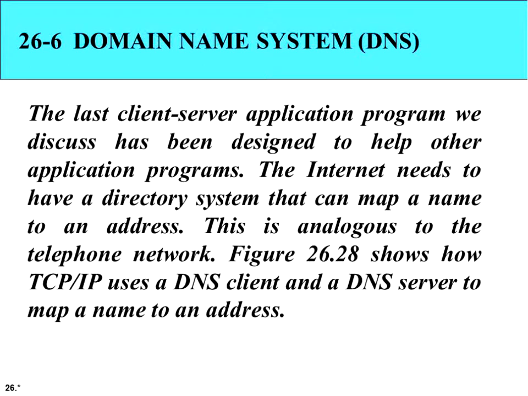So we distribute the information among many computers in the world. Now in this method, the host that needs mapping can contact the closest computer holding the needed information, and this is called domain name system.